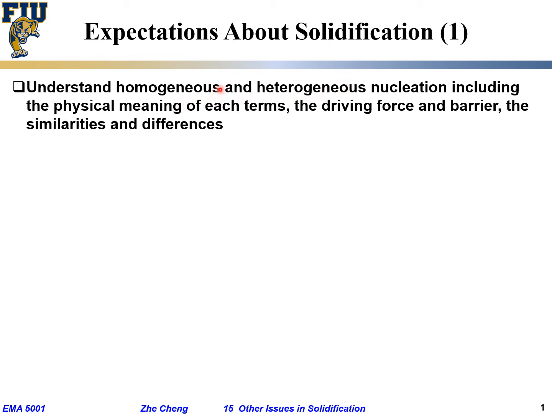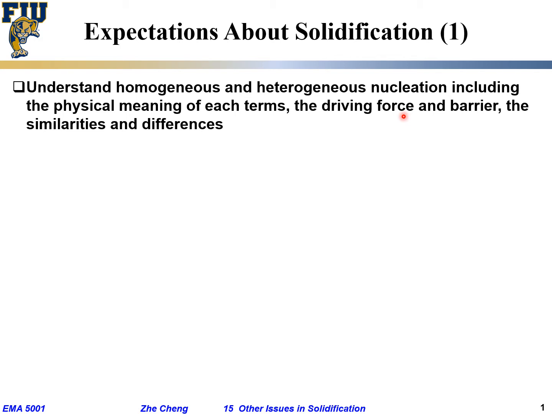Homogeneous, of course, means the nucleation behavior is happening uniformly, randomly throughout the liquid melt, while heterogeneous nucleation is happening at a specific location, such as on the mold wall. The driving force is fundamentally the same.